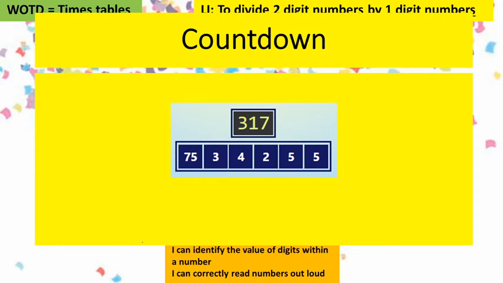So you can use each of these numbers once. I need my red pen back. So you've got the numbers 75, 3, 4, 2, 5, 5, so you've got 2 5s to use to try and reach 317. So pause the video, see if you can either reach that target or how close you can get.